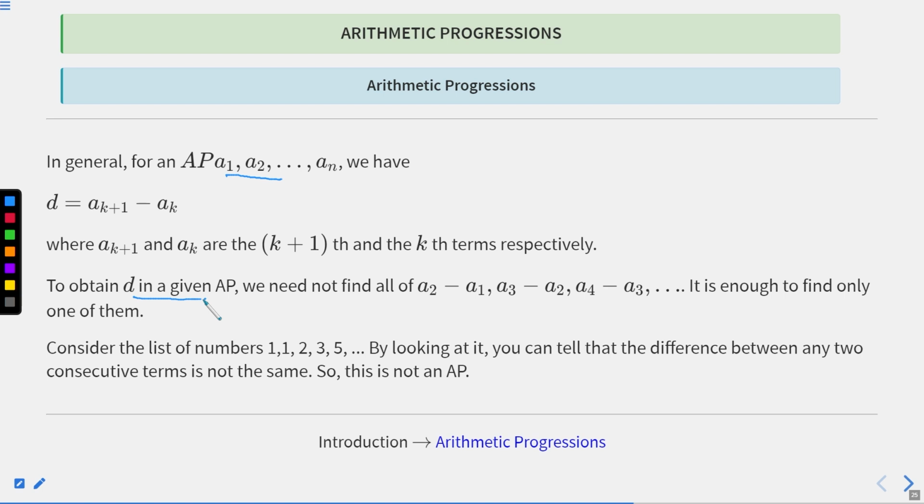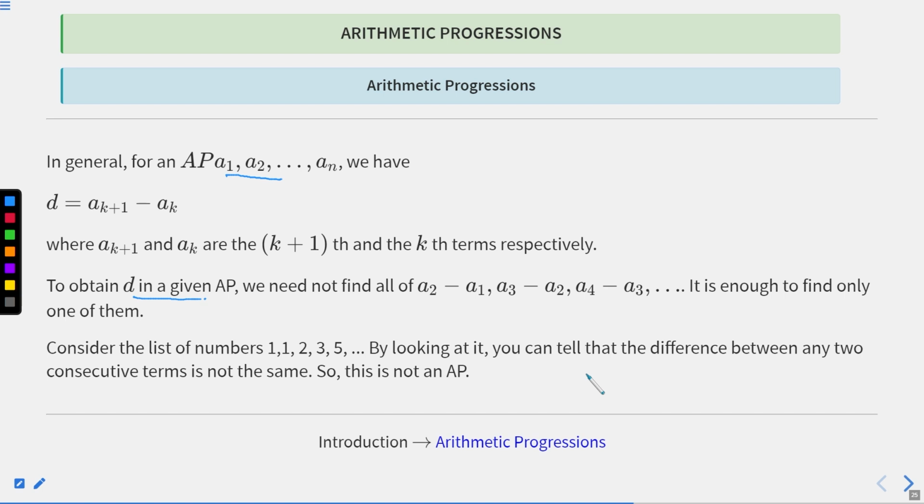Here you can tell that the difference between any two consecutive terms is not the same. So this is not an AP.